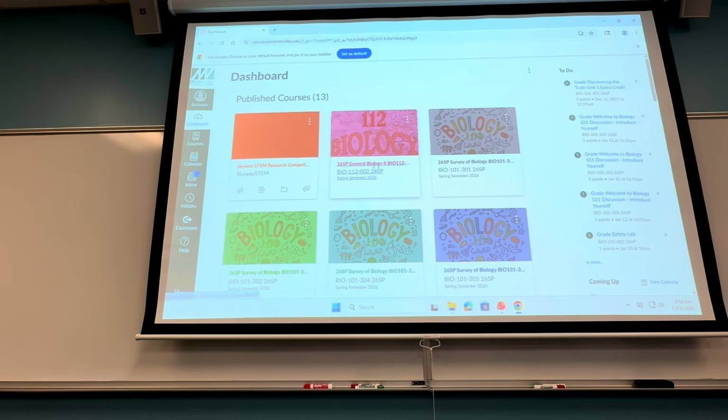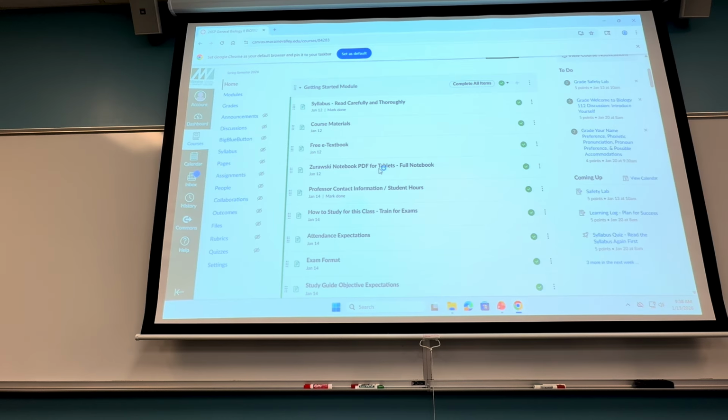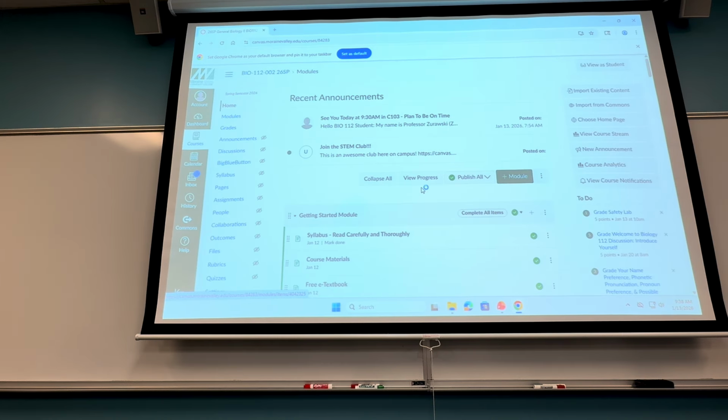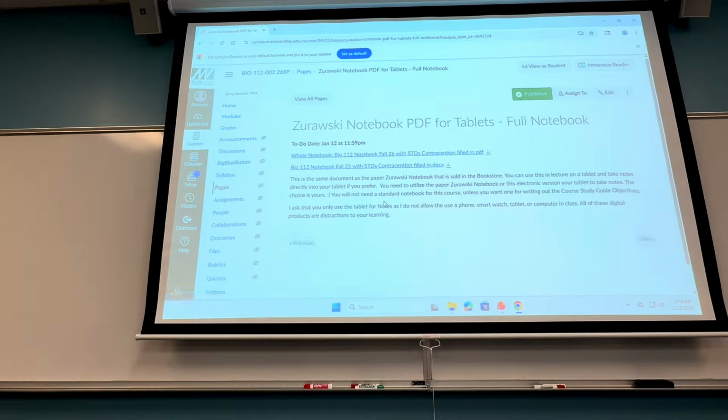Some students like to do that. If you scroll down just a little bit in our Getting Started module, you can see here's a Zarowski Notebook PDF for tablets. There's a PDF and then there's a DocX. So if you prefer to do that, go ahead and download that.